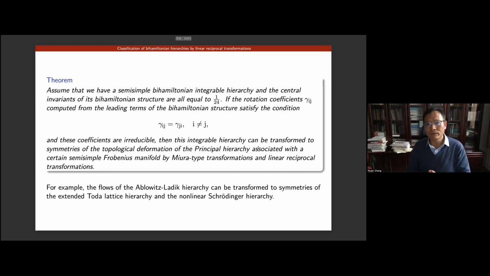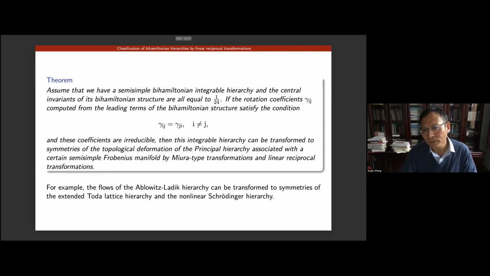The answer is that for this semisimple bihamiltonian integrable hierarchy, the central invariants of the bihamiltonian structure should be 1/24.